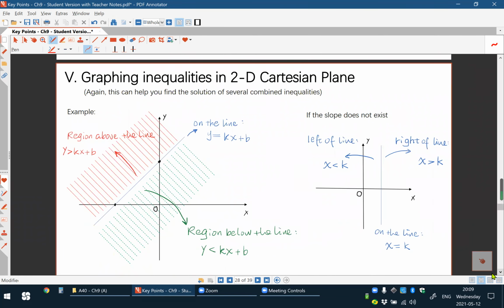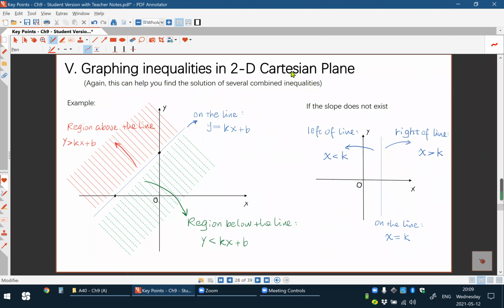Next, let's have a look at how we graph inequalities in the 2D Cartesian plane. Recall how we draw lines on the 2D Cartesian plane. Suppose we have a line, y equals kx plus b. Suppose the slope of this line exists. And this line should be here, right? We can draw this line on the 2D Cartesian plane, right?